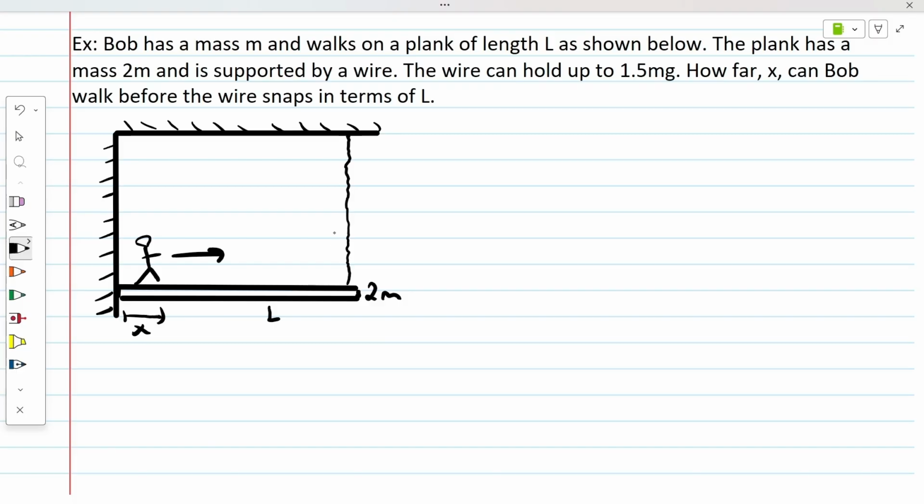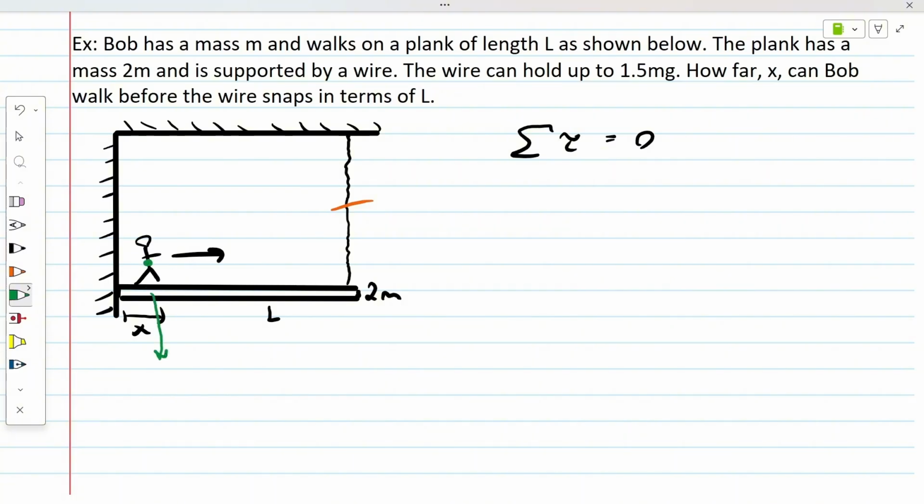Okay? So in this case, we want to know how far can Bob walk before this wire snaps and the beam falls. So at any point before the wire snaps, this beam is not moving. So that means the sum of the torques before the wire snaps must equal 0. So let's label all of our different torques. So first off, Bob has some mass.